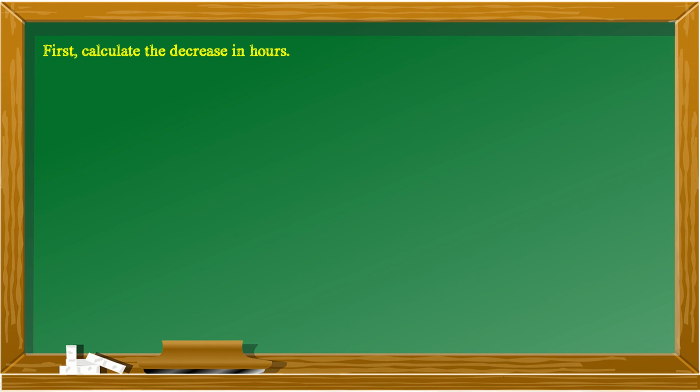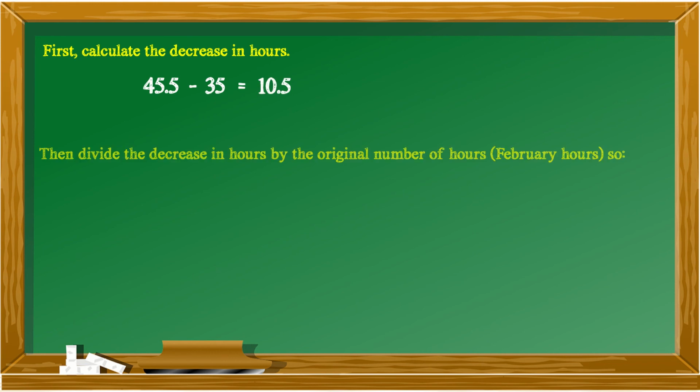First, calculate the decrease in hours. 45 and 5 tenths subtracted by 35 is equal to 10 and 5 tenths. Then, divide the decrease in hours by the original number of hours, February.